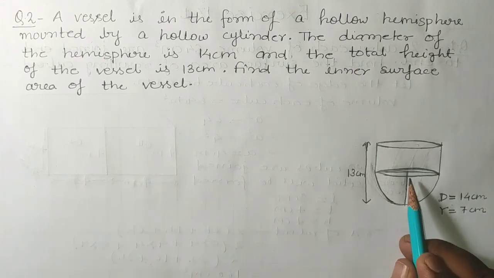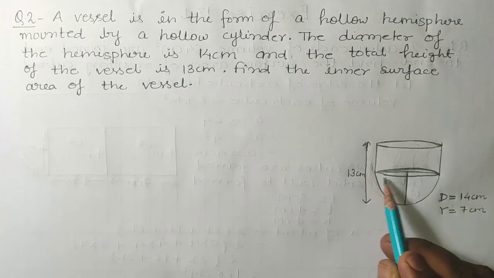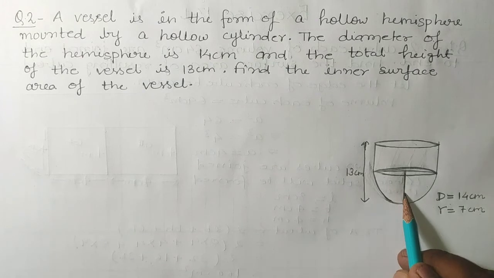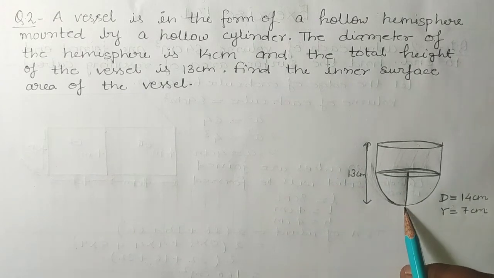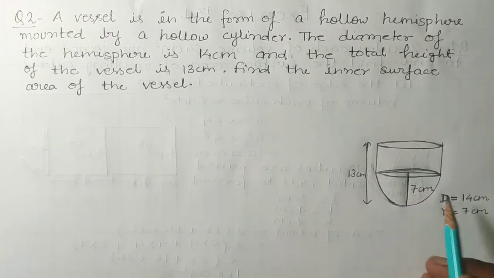A hemisphere is half of a sphere, so wherever you draw a line from the center, it will be its radius, 7 centimeter.